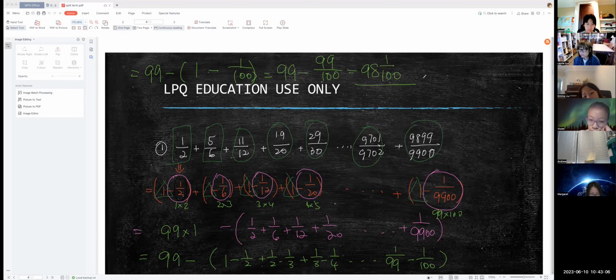Get it, everybody? Okay, so I want to tell you, it is impossible for you to do all the questions in this world. So how to find the answer from not knowing to knowing is to transfer this question to something you already know. We don't know this one, but we know 1/2 plus 1/6 plus 1/12 plus 1/20 and so on up to 1/9900, right? Understand?